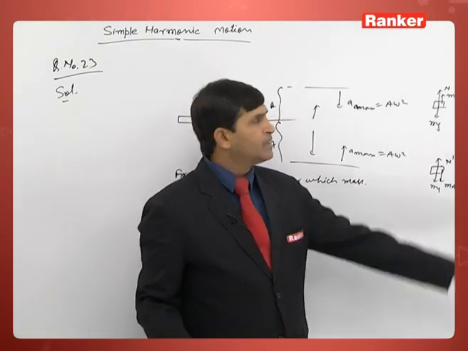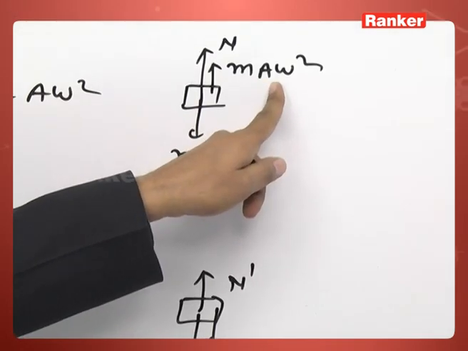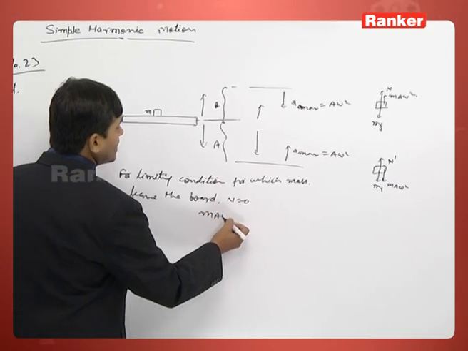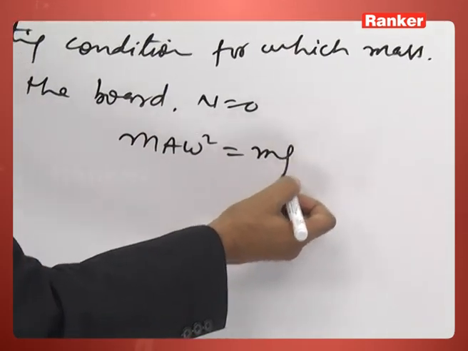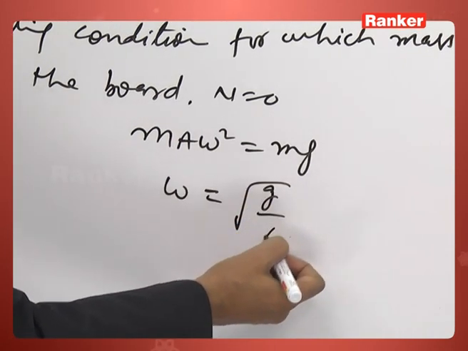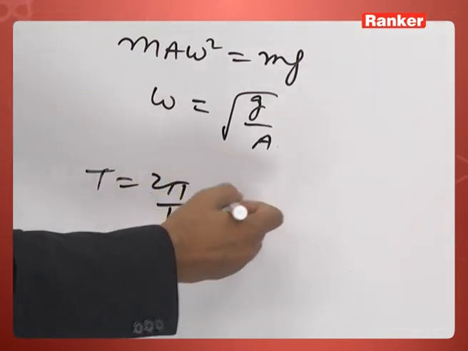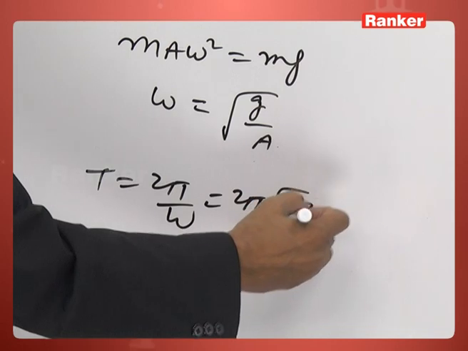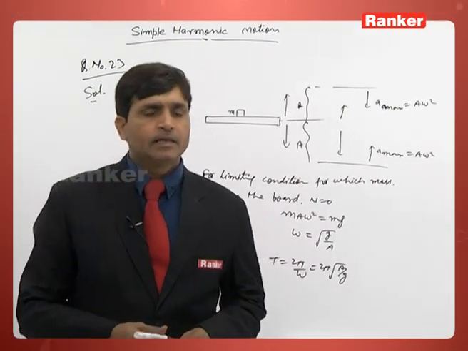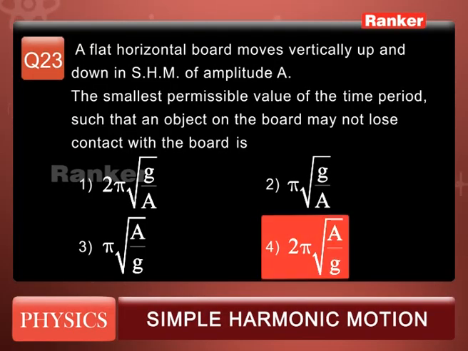When N is 0, what is the relation? m A omega square must be equal to mg. So omega must be equal to root of g by A. So the time period T is 2 pi by omega, or 2 pi root over A by g. This is the time period. So option number 4 is the correct option.